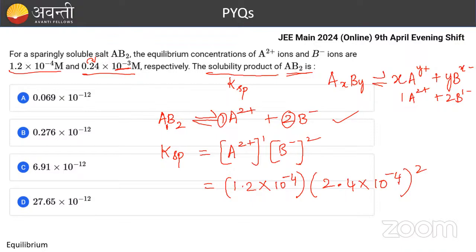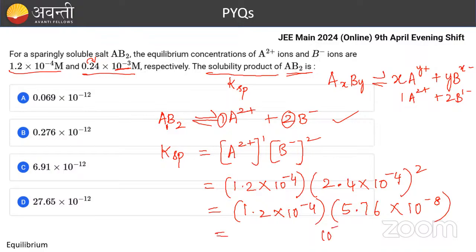So now it is 1.2 into 10 to the power minus 4 into 2.4 square, which will be 5.76 into the power. So 10 power minus 4 and 10 power minus 8 will be 10 to the power minus 12.